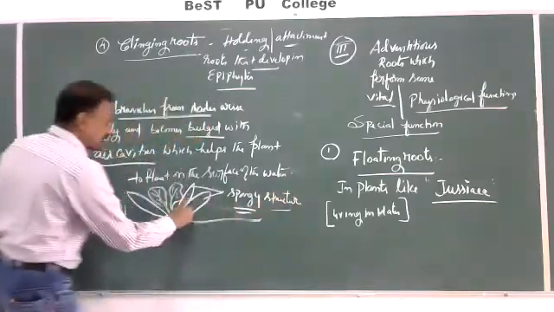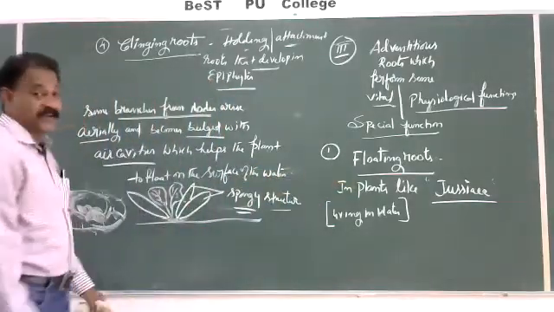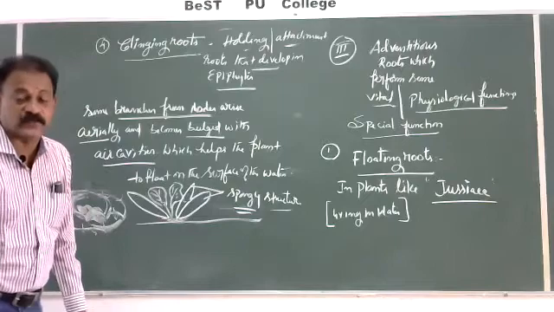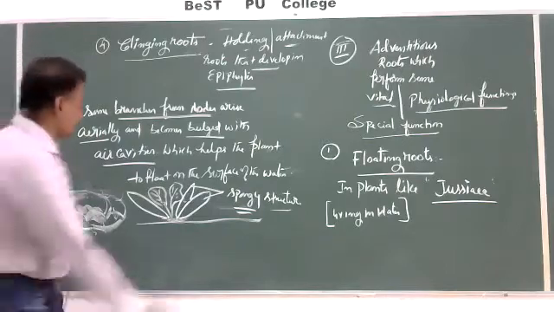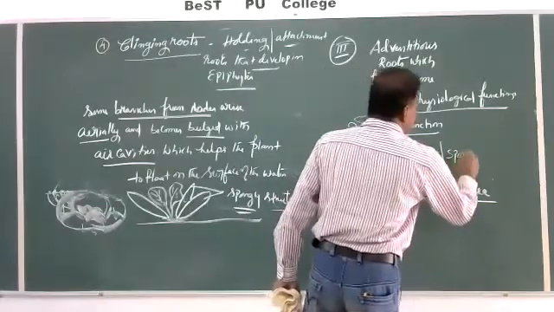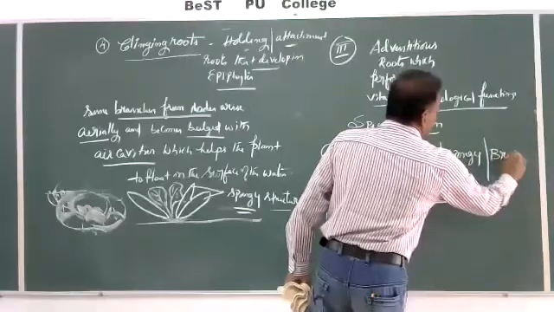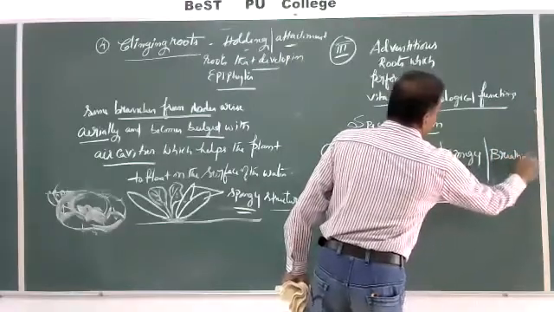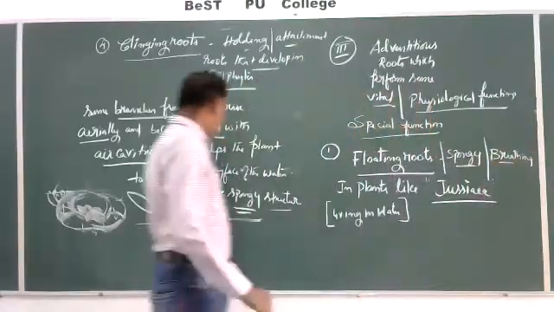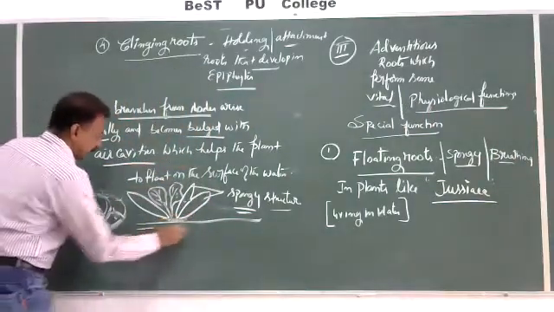These spongy structures are nothing but floating roots. They not only help in floating but also in respiration, so they are breathing roots. Floating roots, spongy and breathing roots. They make the plant float on the surface of the water.